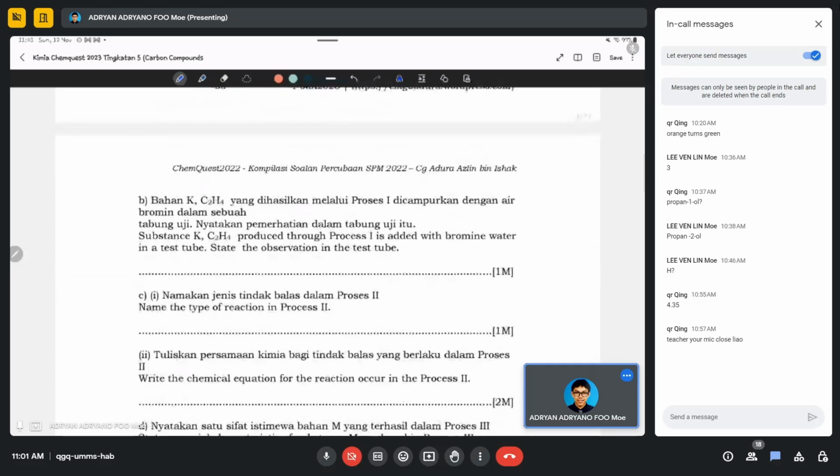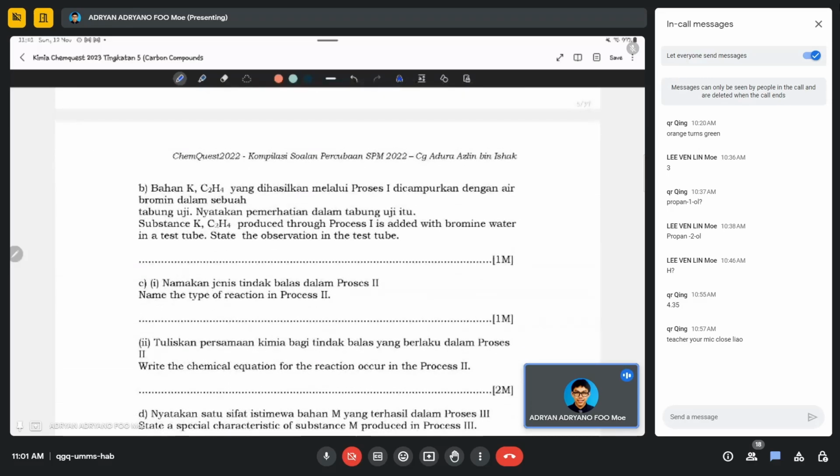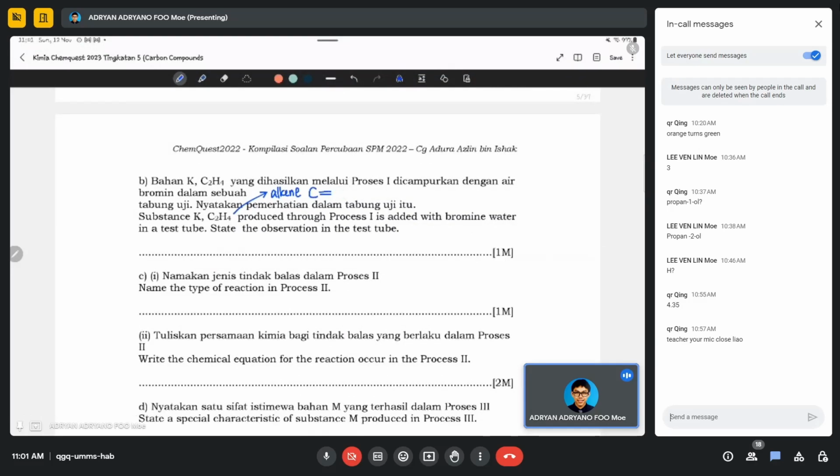Okay, next. Substance K, C2H4, produced through process 1, is added with bromine water in a test tube. State the observation of the bromine. So what happened? We know that C2H4 is an alkene. Because it has a free double bond, this double bond can break and form another bond with another element.